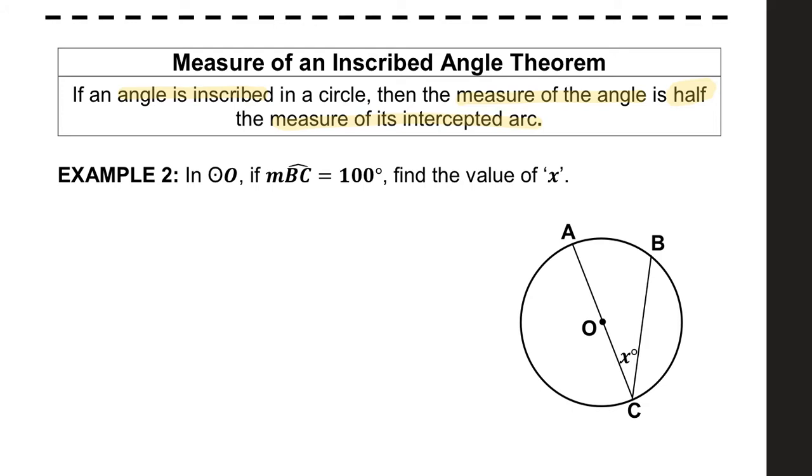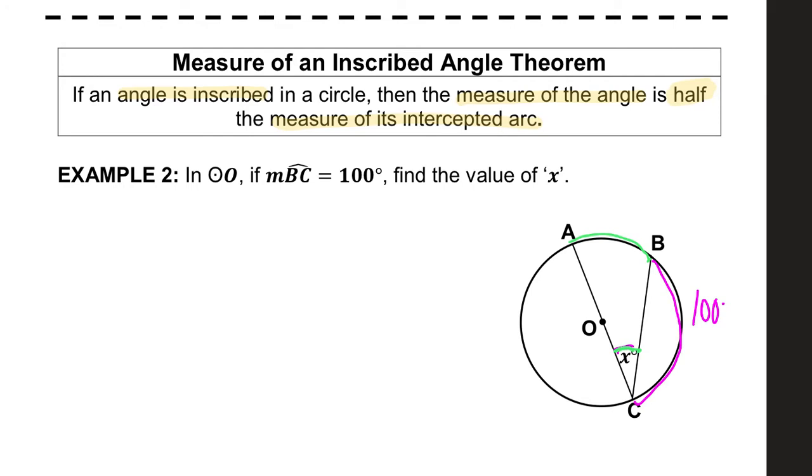Here, we're told that the measurement of the arc BC right here is 100 degrees. But we want to find the value of x. We want to find this intercepted arc down here. The problem is we don't have arc AB, so we have to find it.